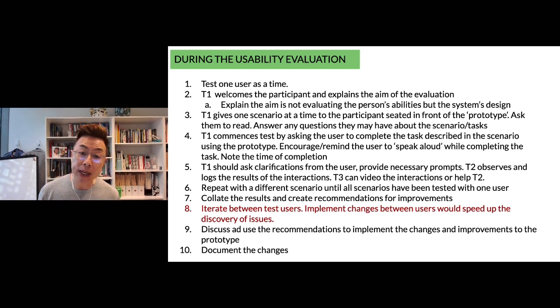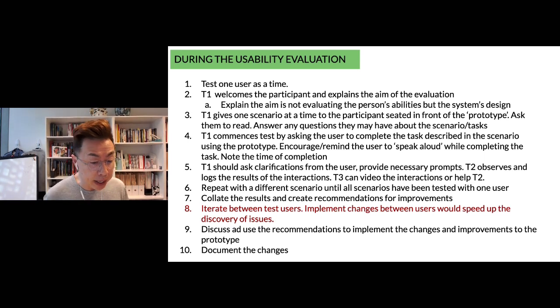What's very important here is to encourage the user to speak aloud while they're completing the task. Okay? T3 can help note down how long it took the person to complete the task. T1, if they feel that they are not getting enough thinking aloud from the participant, could ask for clarifications. Why did you do that? If they didn't explain aloud why they did certain things.